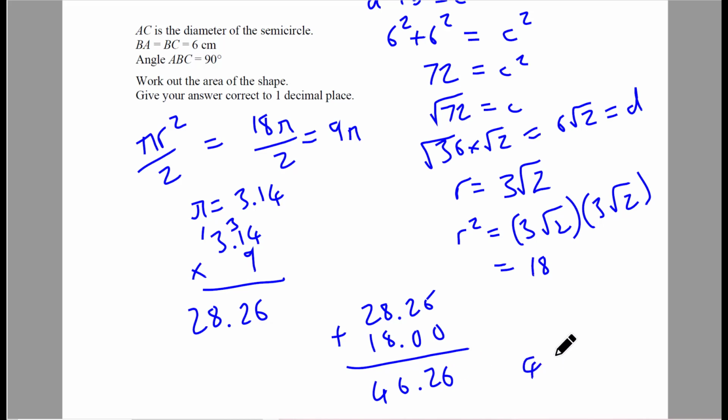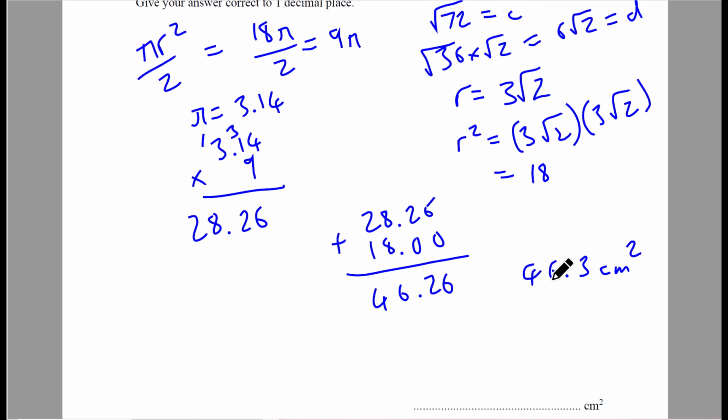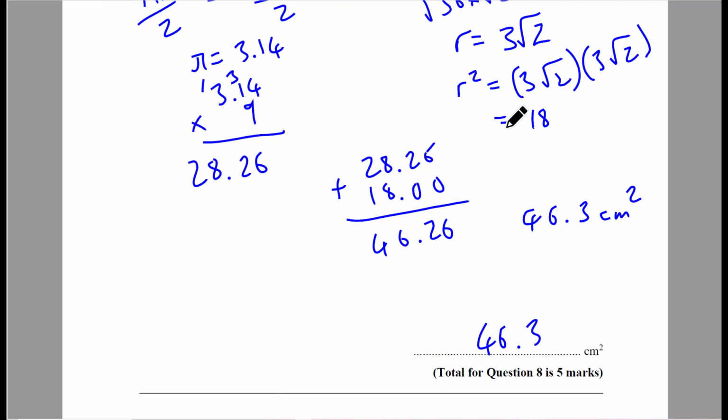So to 1 decimal point, that's going to be 46.3 centimetres squared. So that is all doable. This is a non-calculator question, but using your surd skills, you can work it out.